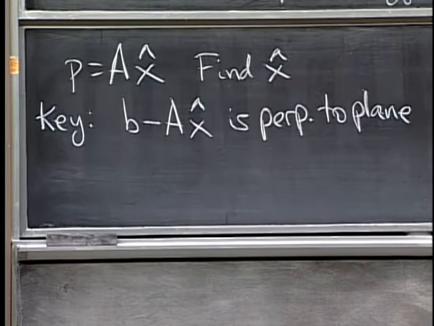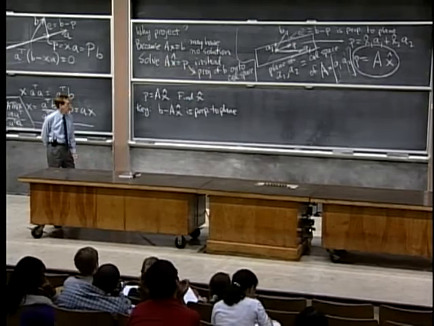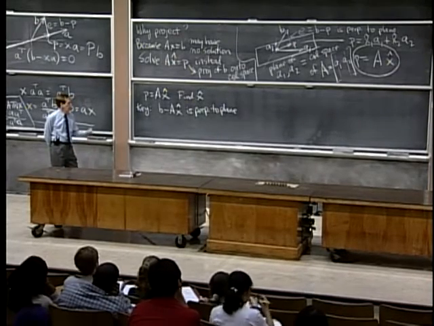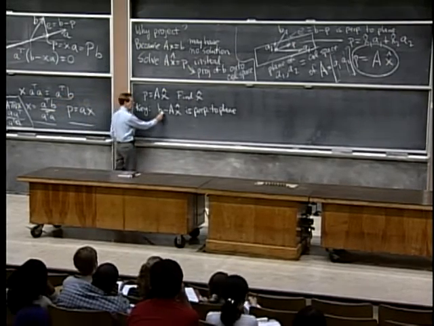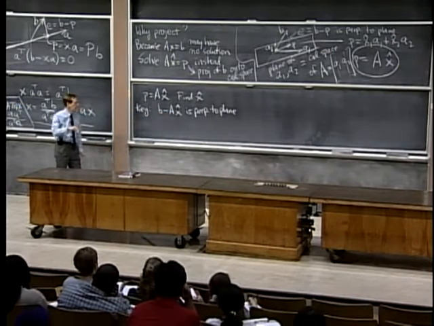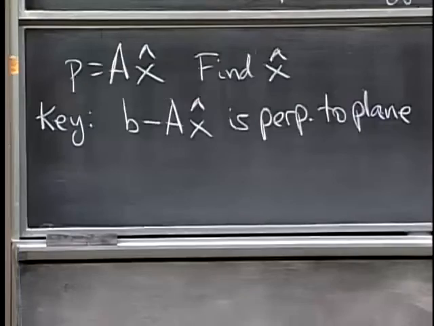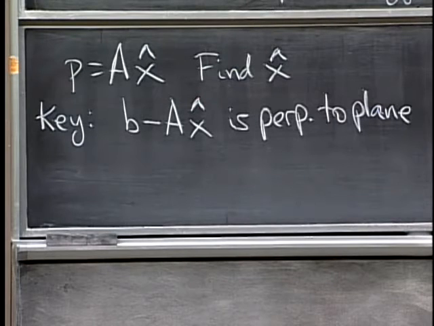I'm looking for two equations now, because I've got an x1 and an x2. So what does that mean? It means it's perpendicular to A1 and also to A2, right?